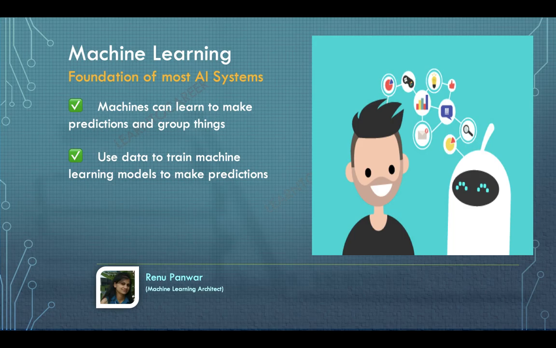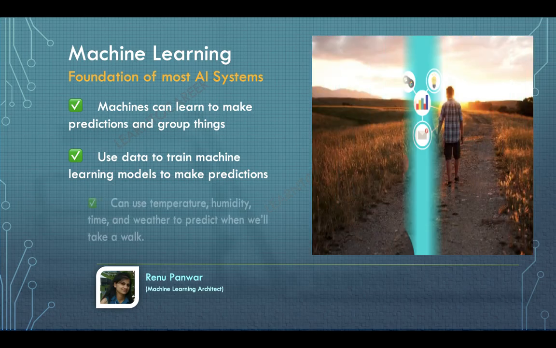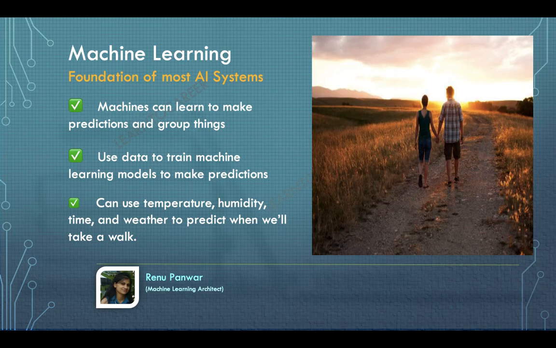As an example of how we can use machine learning, I take walks every day with my wife in the morning at different times based on the temperature. If I recorded the temperature, time, day, duration, etc. of our walks, I could use machine learning to predict the time I will take a walk on a given day based on the temperature, humidity, weather, etc. You know, I might have to do this to find the most optimal part of the day for walking.